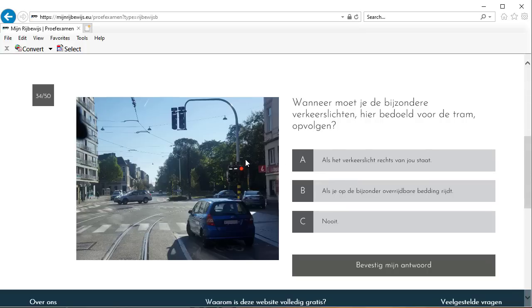Option C is never. I have my doubts on this, so I think if it is on your right hand side, you have to follow it. So we will check at the end if that's the right answer.